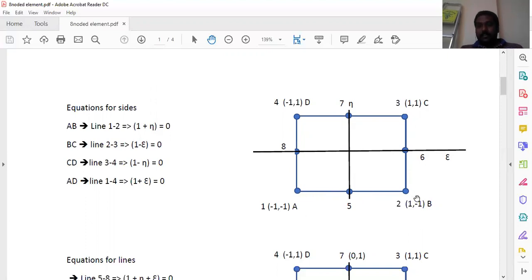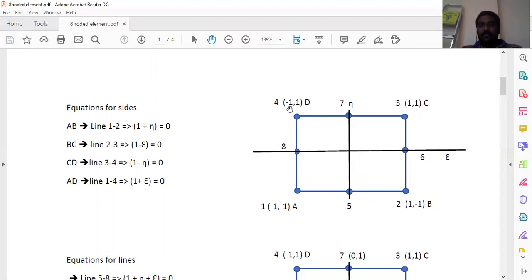This means this line we can write as eta equal to -1. That's why 1 plus eta equal to 0. Similarly, you can see line 2, 3. Here, zeta value won't change. It is zeta 1 here, and here also 1. So you can write down zeta equal to 1. That's why 1 minus zeta equal to 0.